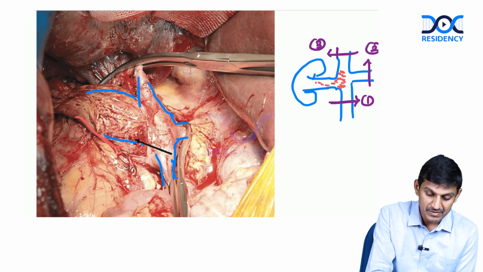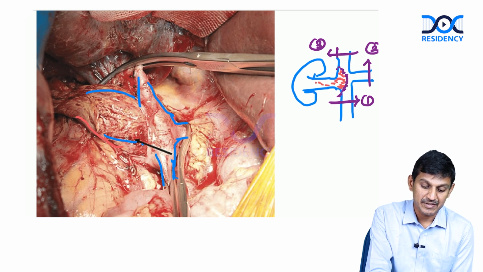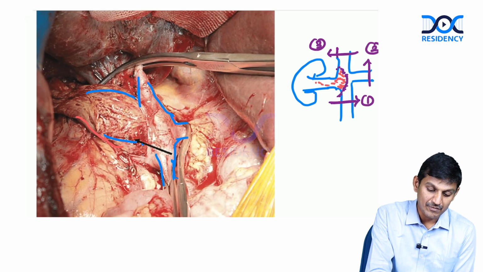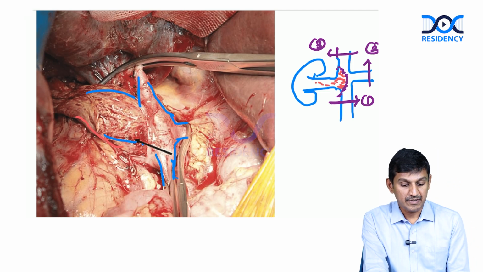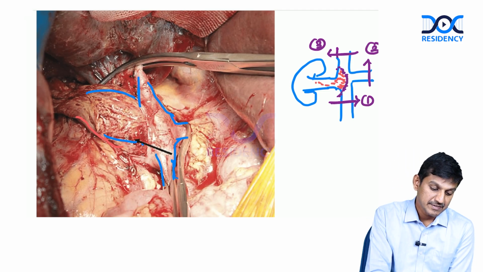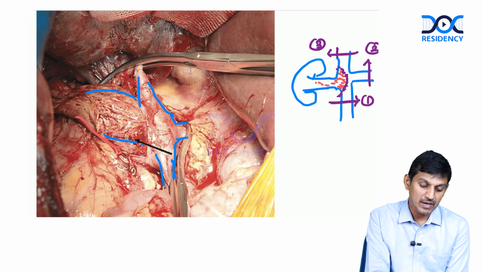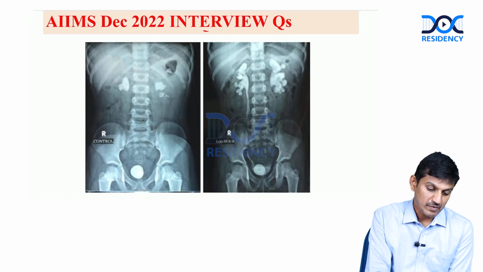By this you are sequentially disconnecting. Afterwards you open the cava. You open the renal vein along with the IVC cuff, evacuate everything, and then do a venography. This is typically seen in locally advanced RCC.